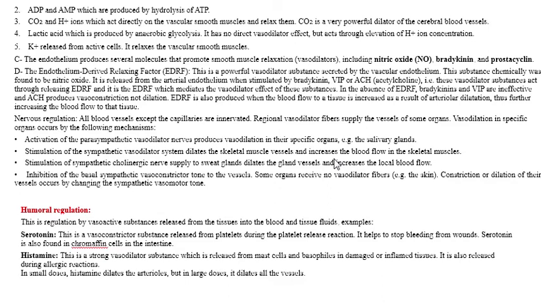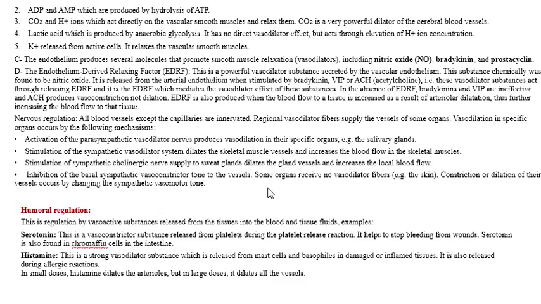Stimulation of the sympathetic cholinergic nerve supply to the sweat gland causes more fluid excretion by sweating, so there will be regulation of the temperature also. Inhibition of the basal sympathetic vasoconstrictor tone means there will be inhibition of the tone, so there will be vasodilatation.